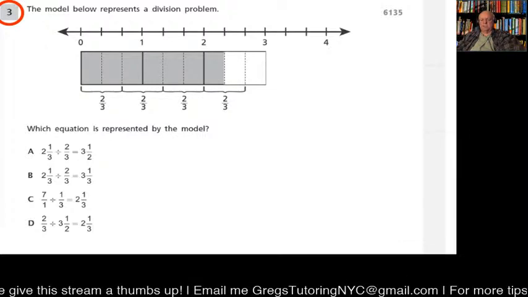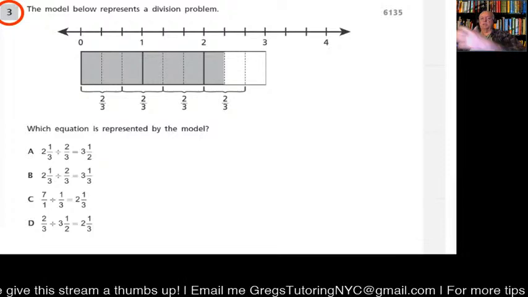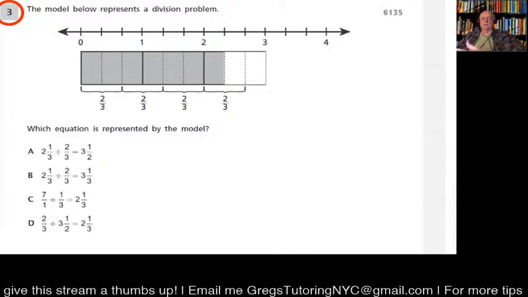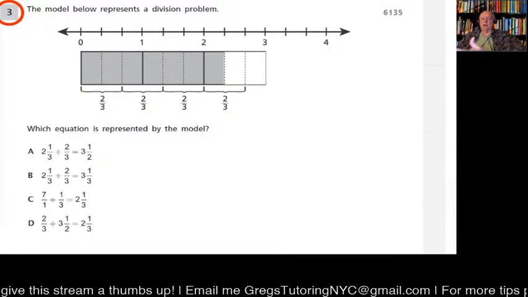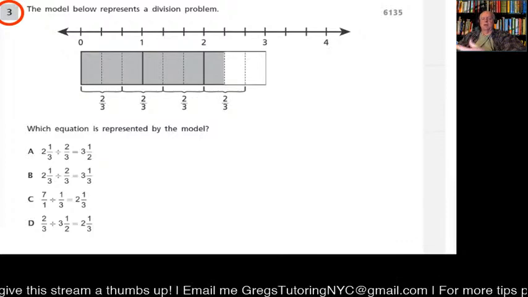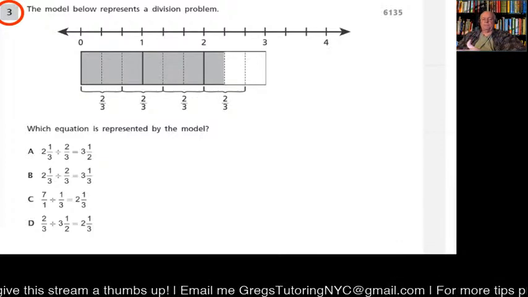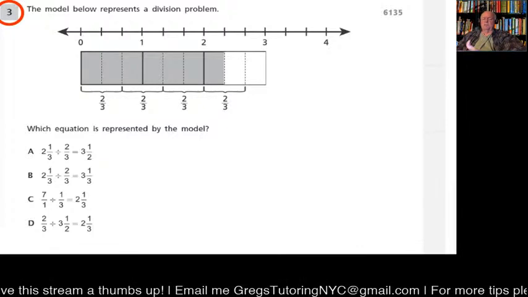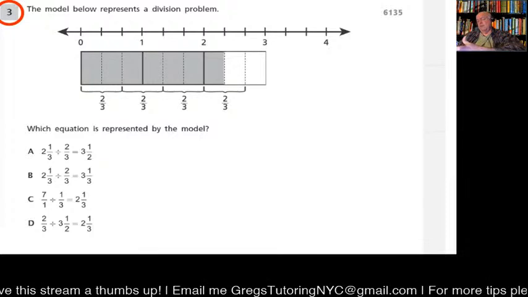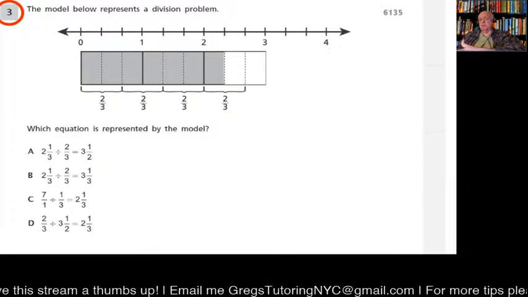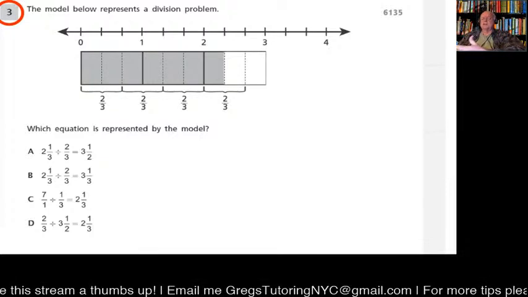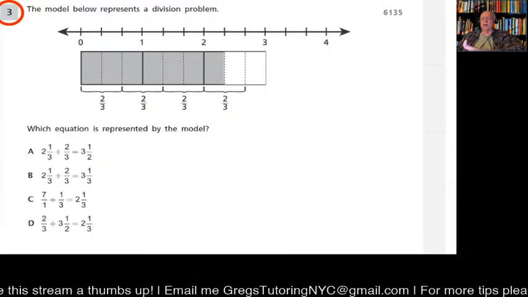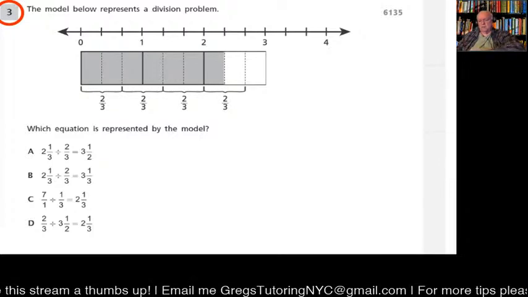I'm also trying to show you alternate ways to solve some of these problems, whether it's a different mathematical procedure, or in some cases, just through logic.